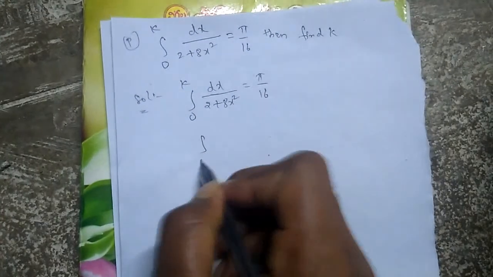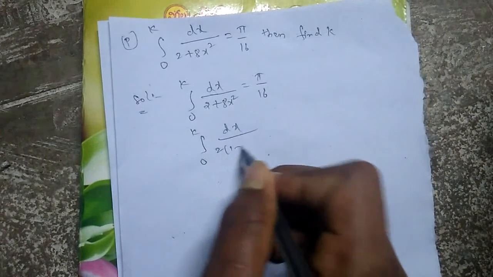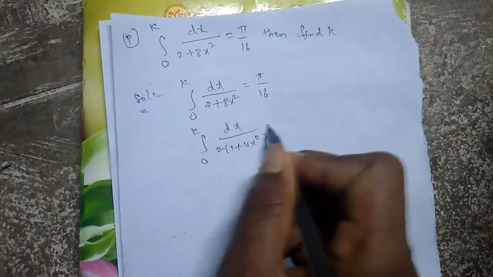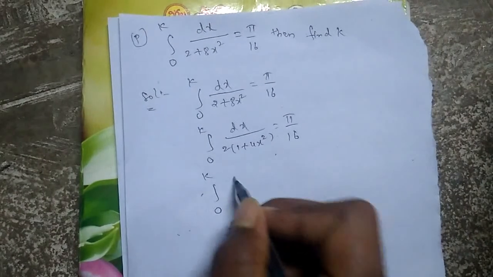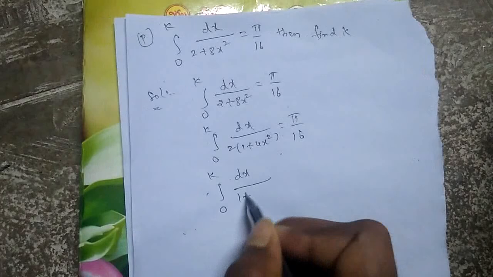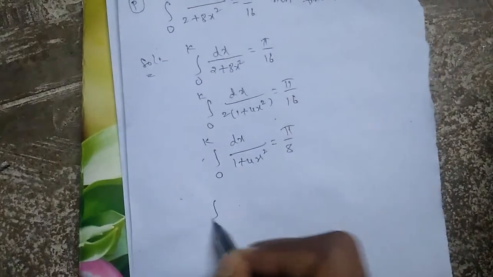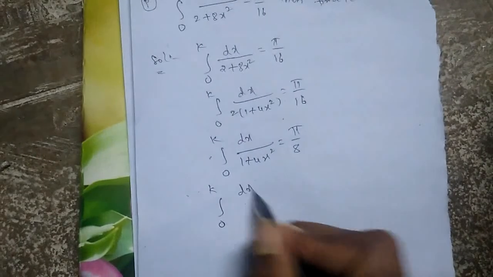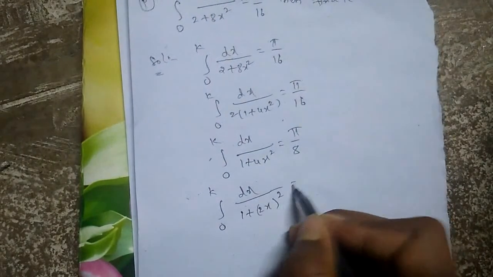So the integral from 0 to k of dx by (1 plus 4x square) is equal to pi by 8, which is dx by (1 plus (2x) whole square).